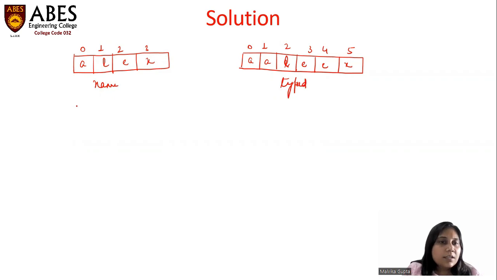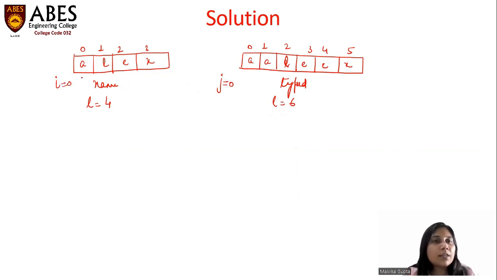So now you can see the length of this particular name is what? This is 4, and the length of the typed string is 6. Now we can do one thing, suppose this is my I, and for this I am starting with J. So I am starting J equals to 0 and I equals to 0.